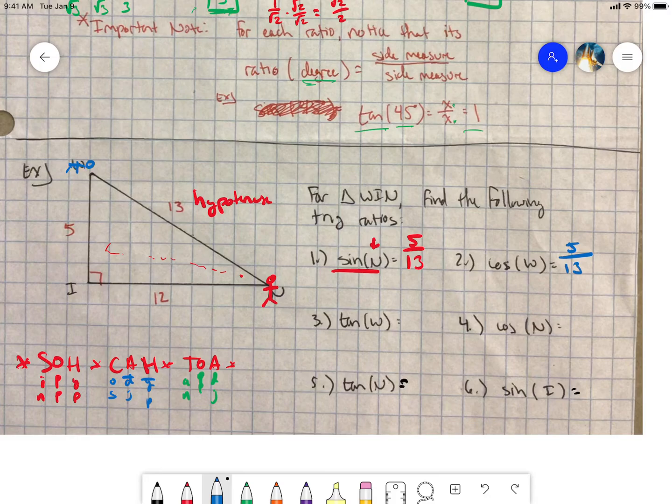Remember, like I said, something that you should notice is that if they're in the same triangle, cosine of one angle is the same as sine of the other angle. Now let's look at tangent of W. So now I'm standing up at top again. Who can tell me what tangent of W is?